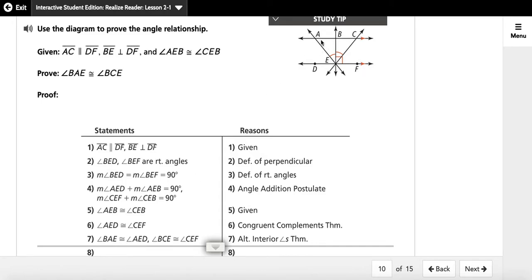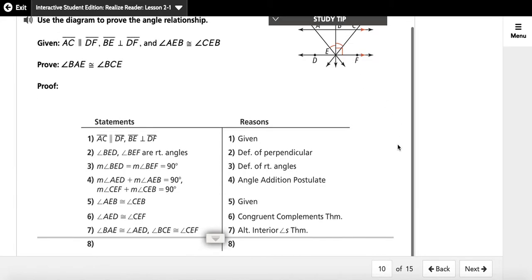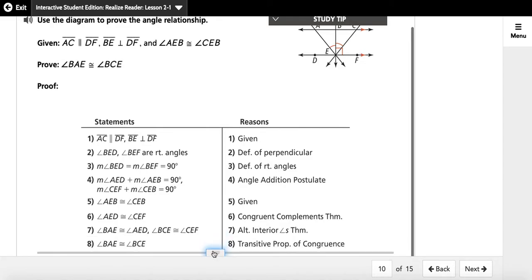So this angle up here is congruent to this angle here, and angle BCE is congruent to angle CEF. That's from the alternate interior angles theorem. And now that we know that, we can say that BAE is congruent to BCE with the transitive property.